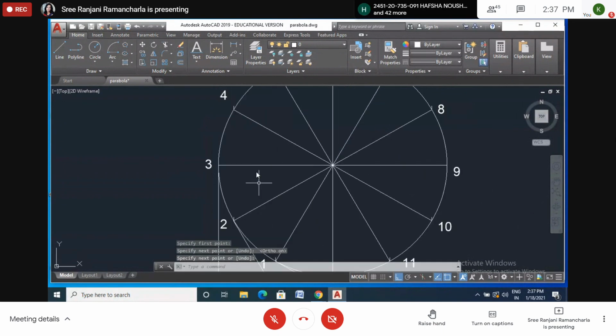Now here also you can draw the perpendicular line, approximately 4 times.